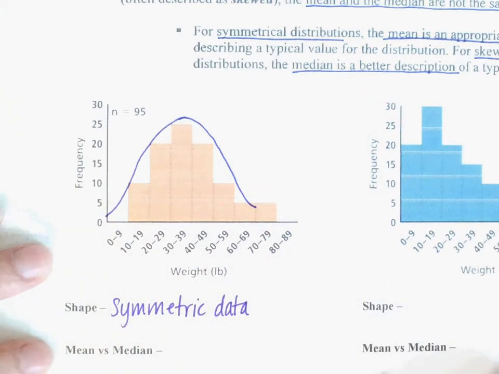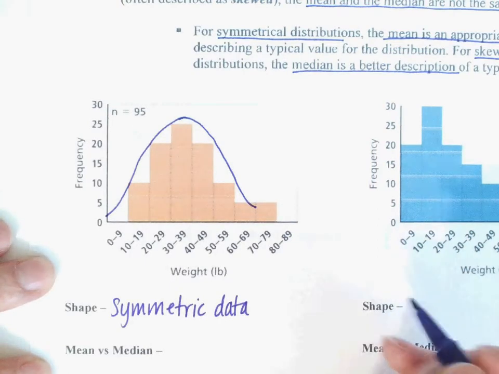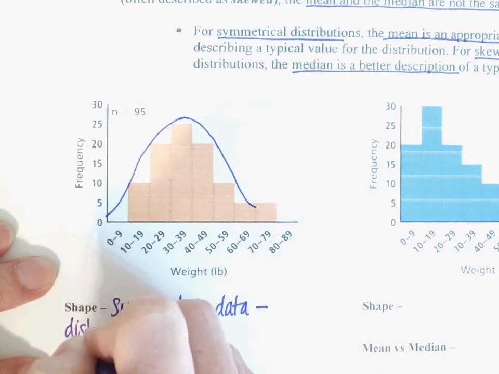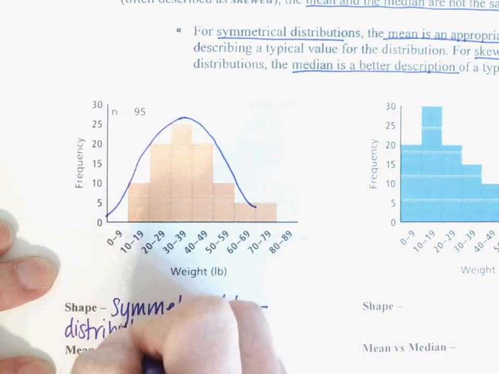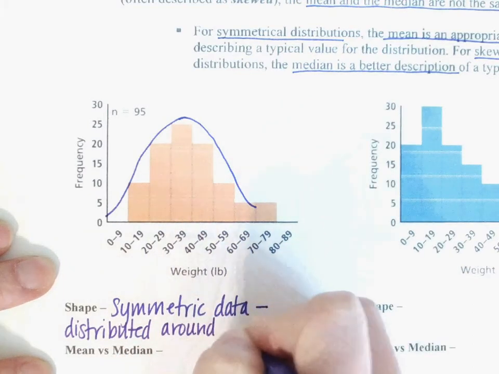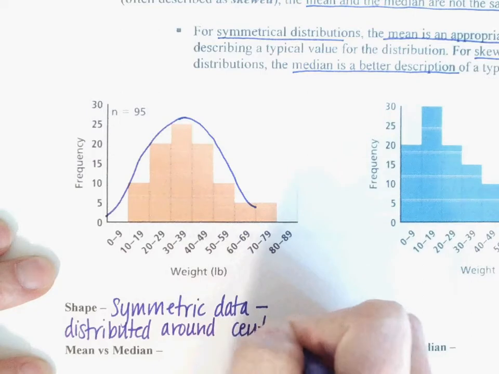And it's symmetric data because the data is distributed around the center.